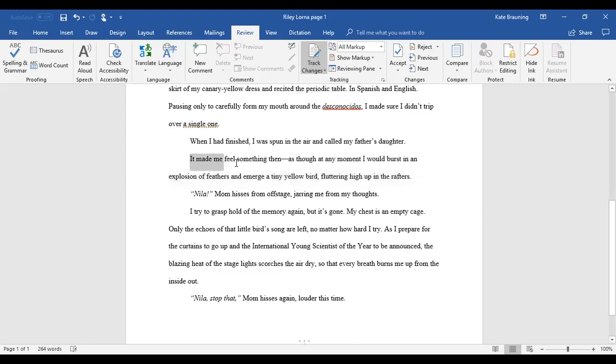What I would do is cut this. We know it made her feel something. And I would connect this to spinning in the air, and make it part of that sentence or connect it to that sentence, because we know it made her feel something. This does give us a little more room to process it.